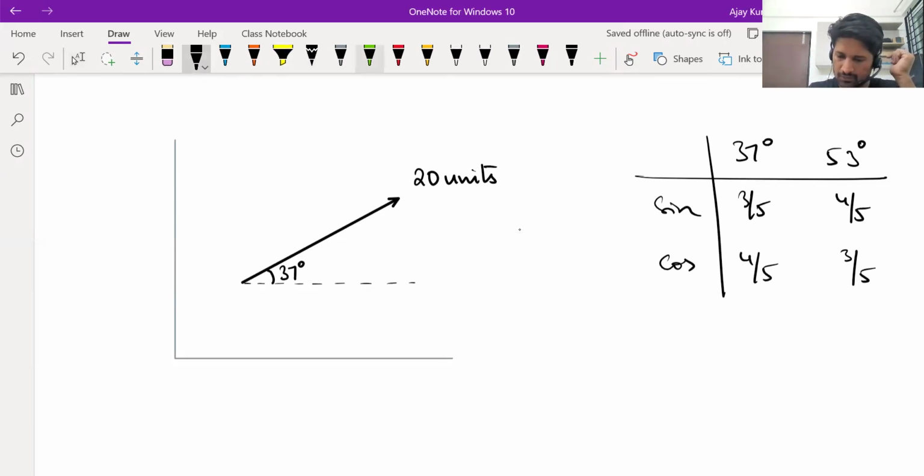So here the vector is given to you, angle is given to you. What I want you all to do first is imagine perpendiculars are dropped onto the x-axis. Get the length of its x component first, let's call that Ax. Then imagine perpendiculars are dropped onto the y-axis.